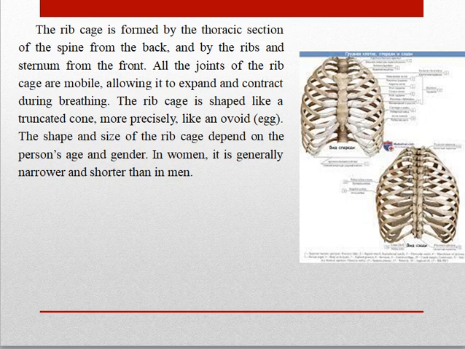The rib cage is shaped like a truncated cone, more precisely like an ovoid. It means egg. The shape and size of the rib cage depend on the person's age and gender. In women, it's generally narrower and shorter than in men.